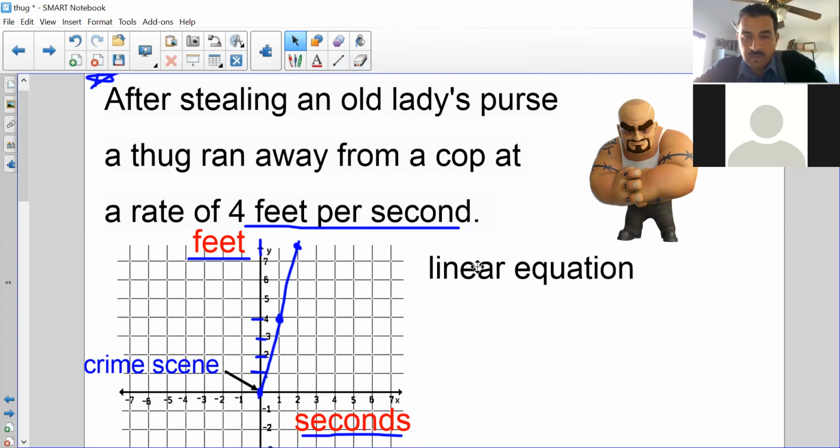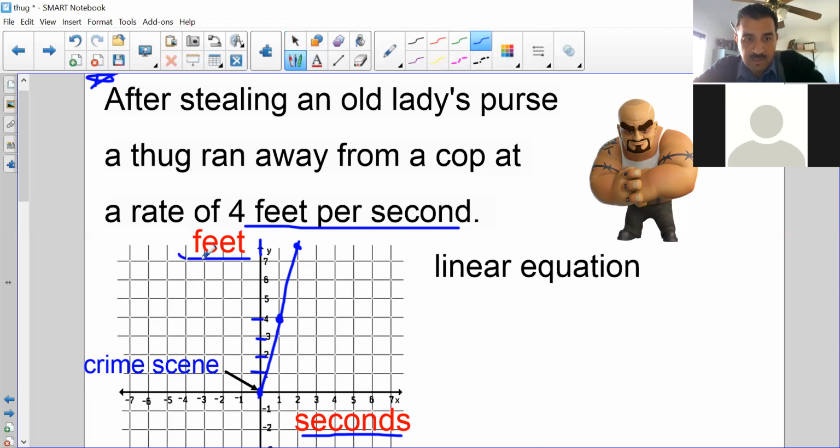A linear equation can model the thug running away. And that linear equation has to have feet in it. Let's put a variable for feet. How about F? And that equation has to have an S in it. S would be for seconds here, okay?